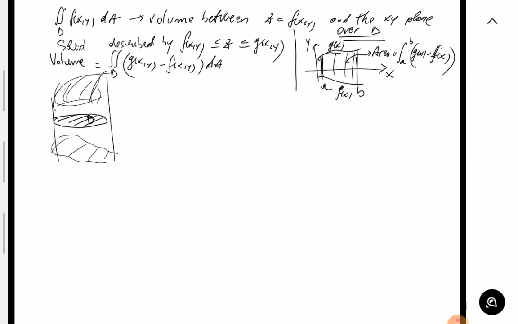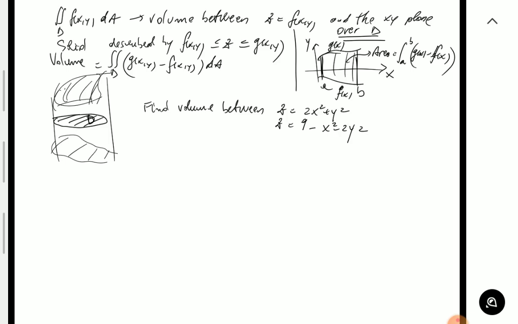So a typical example related to this is like this: find the volume between, let's say, the paraboloid z equals 2x squared plus y squared and the inverted paraboloid z equals 9 minus x squared minus 2y squared.